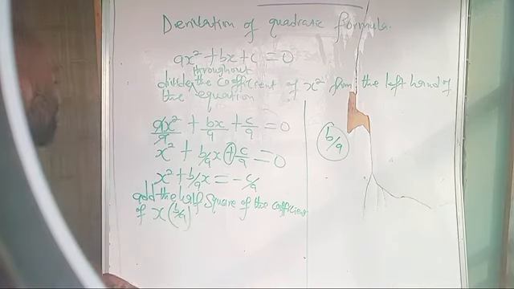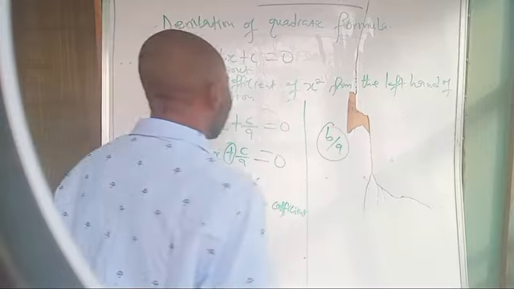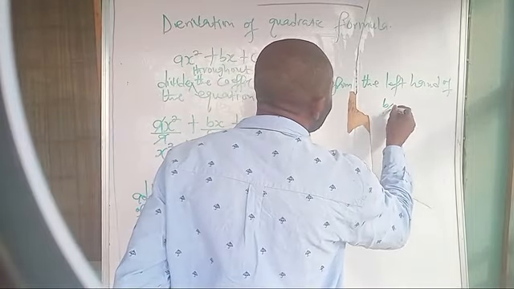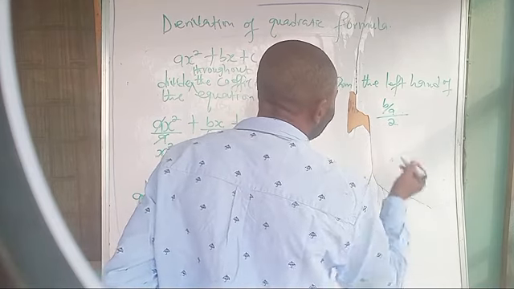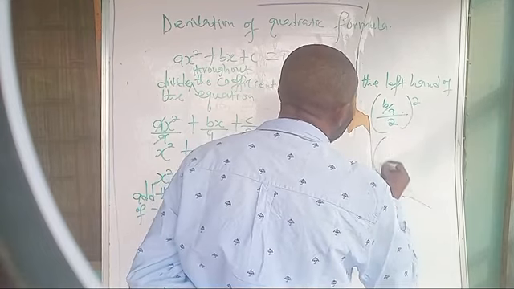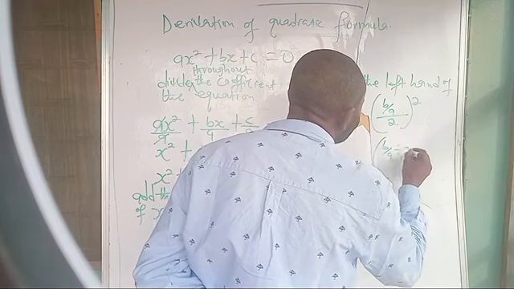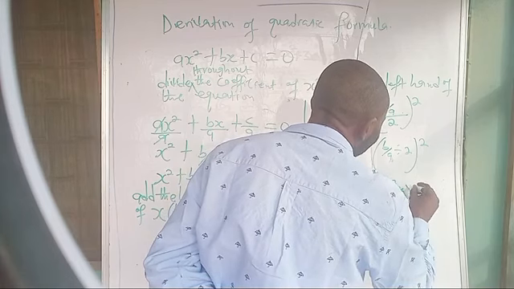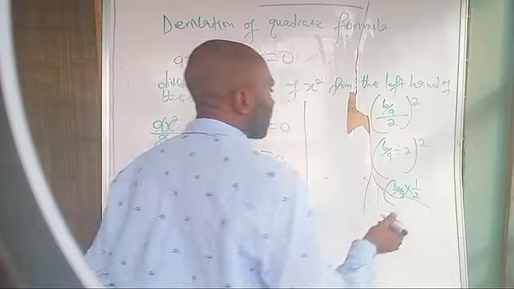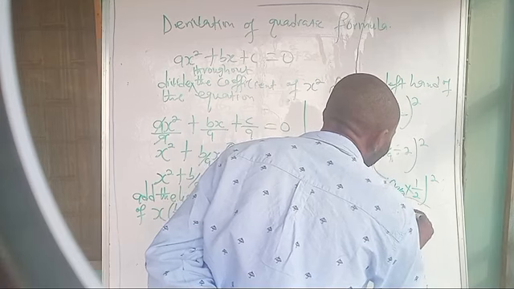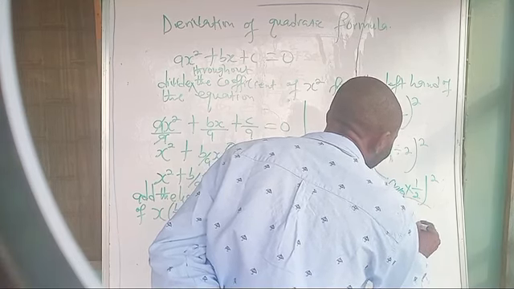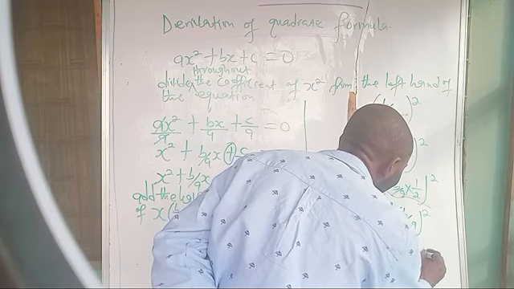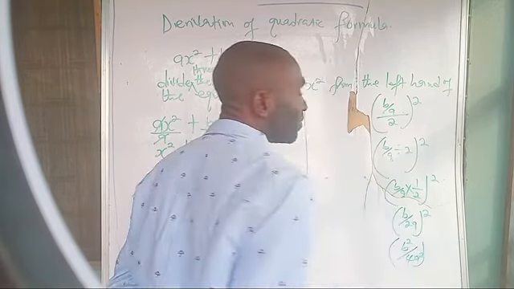So we are going to add the half square, and as I explained before, the half square of this coefficient of x is, that is b all over a divided by 2, you are going to take half of it, then square. Half means b all over a divided by 2, and this is the same thing as b all over a times 1 all over 2 because of the reciprocal, and this is the same thing as b all over 2a, squared, and this will now give us b squared all over 4a squared, because everything inside the bracket is going to carry this square.